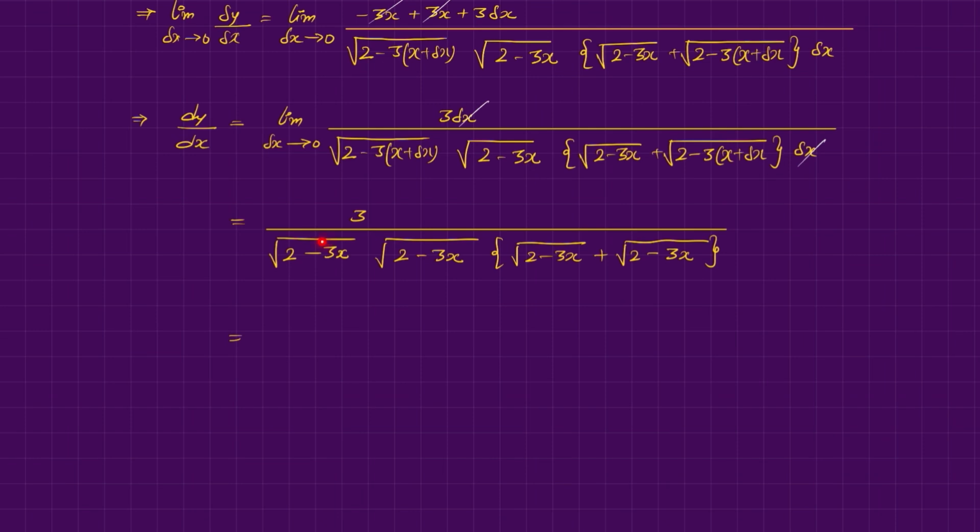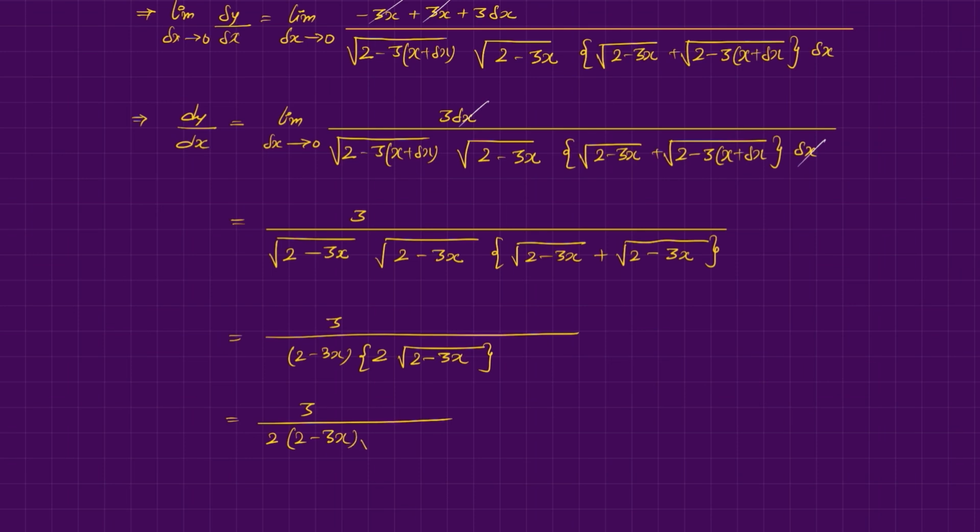See, root over 2 minus 3x and root over 2 minus 3x is simply 2 minus 3x. So it will be 2 minus 3x into, and inside this bracket root over 2 minus 3x plus root over 2 minus 3x is 2 times root over 2 minus 3x. So here we will have 3 by 2 times 2 minus 3x into root over 2 minus 3x.